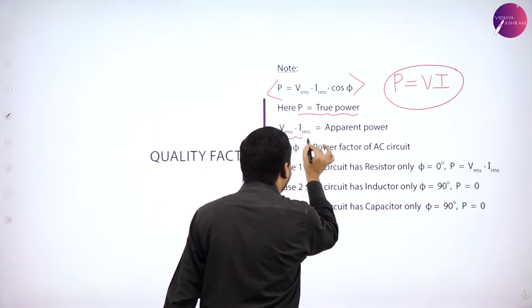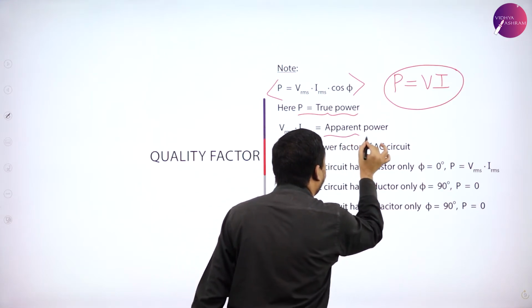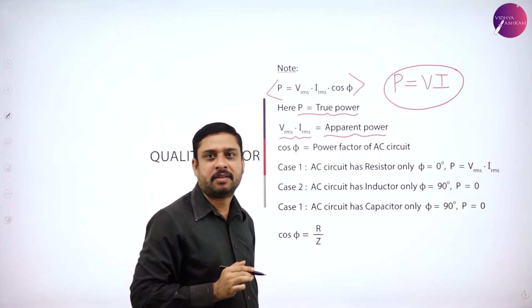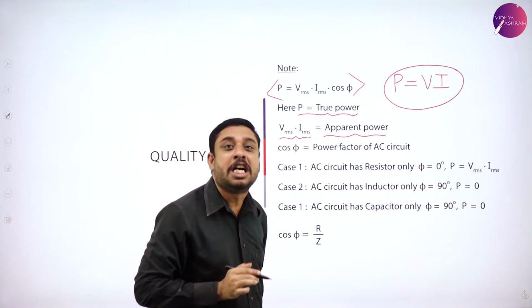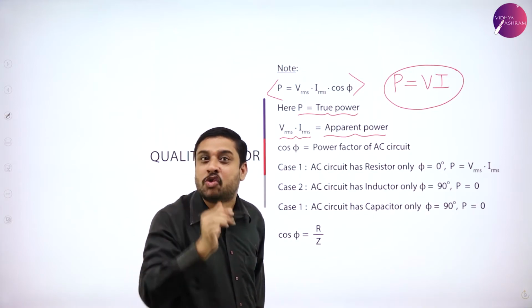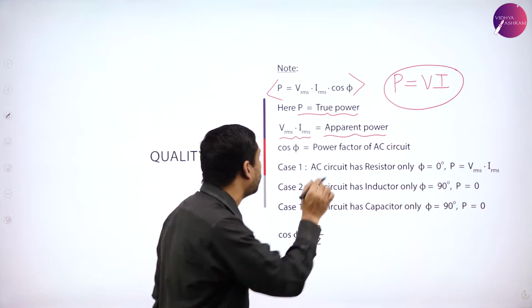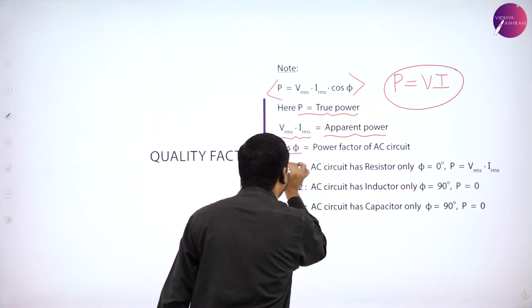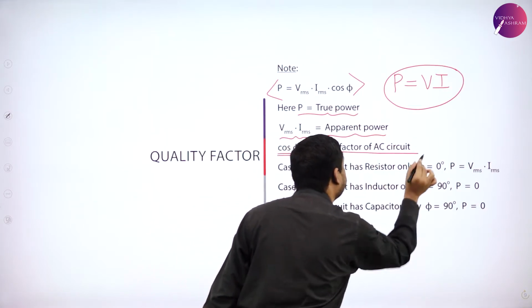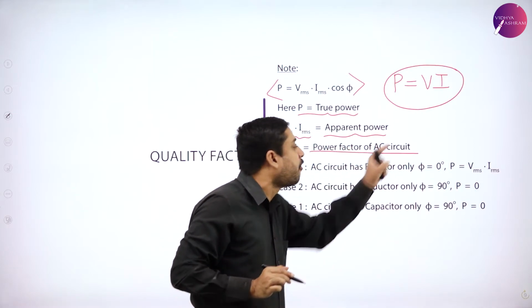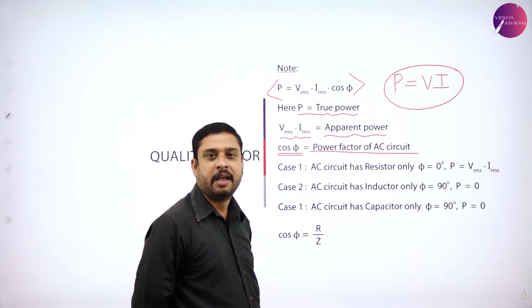The product of VRMS and IRMS is called apparent power. It is called virtual power. That is not the true power dissipated in the circuit. And this is very important: cos phi is called the power factor of the AC circuit.